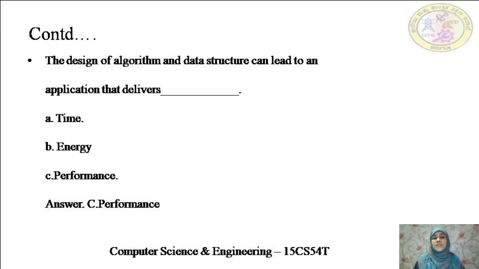We are using performance to deliver the best application. The data structure is designed to give the result, the performance, with the minimum usage of energy. Can you tell me the equation we are using for that? That is P equals C V square F.